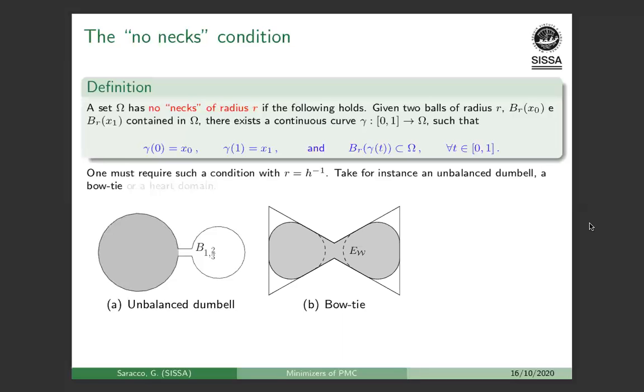So the union of all the balls of correct radius this time is strictly contained in the minimizer. So it seems that you really need this condition on the inverse of the constant. Otherwise, the characterization may fail in both directions.